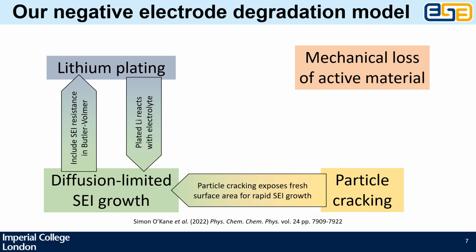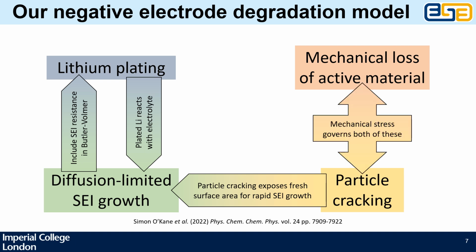Cracks expose new surface area for rapid SEI growth. The 2 different mechanical mechanisms are both governed by stress-strain relations, so you only calculate the stress-strain relation once and then calculate both of the degradation mechanisms based on those. The loss of active material also affects the surface area to volume ratio, and that in turn affects everything.